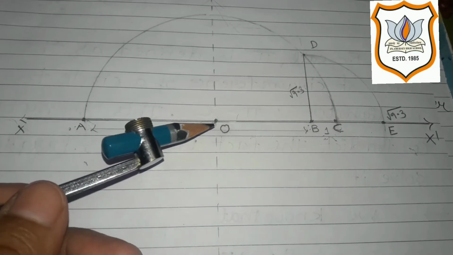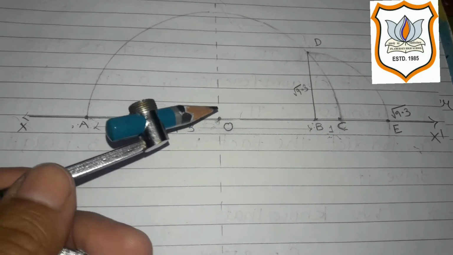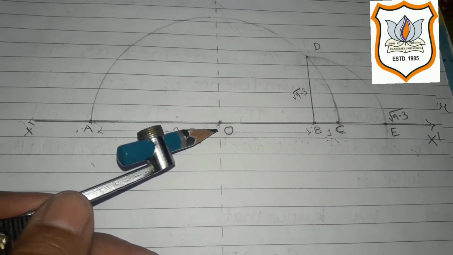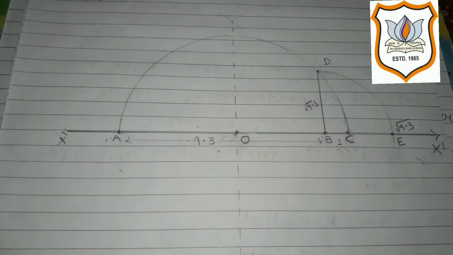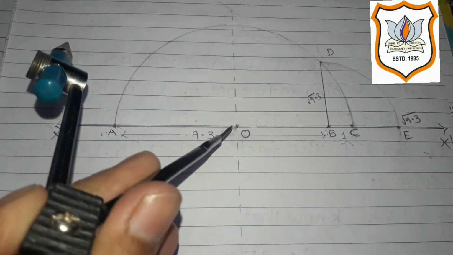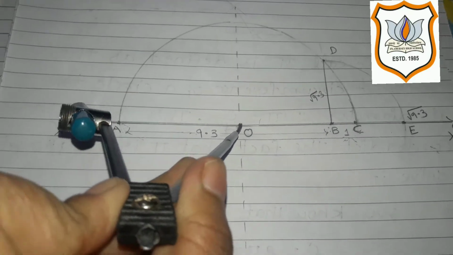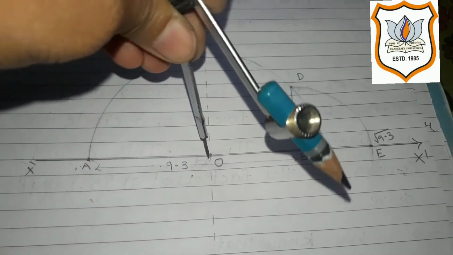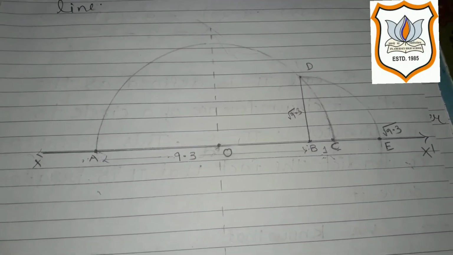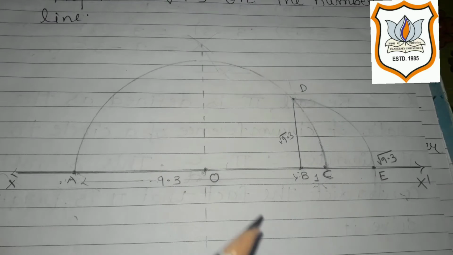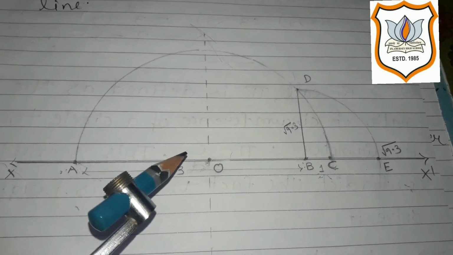So once we get our point O, from this O, draw a semicircle for AC, putting your tip on O, and this semicircle will help you in making root of 9.3.